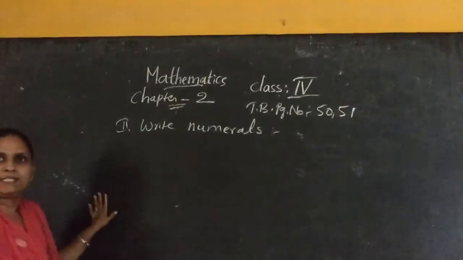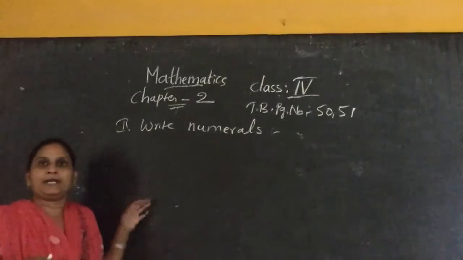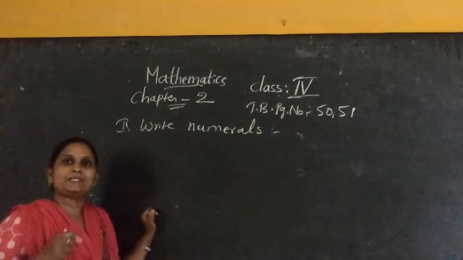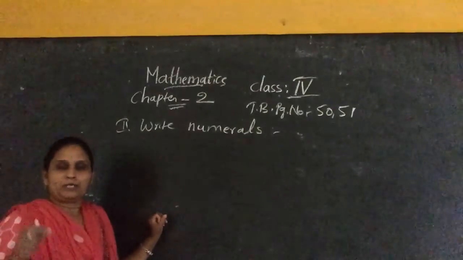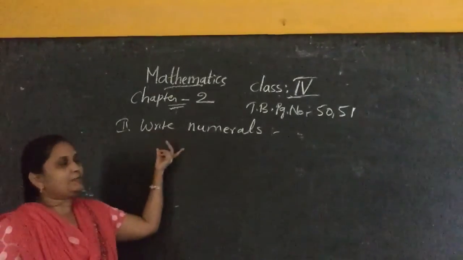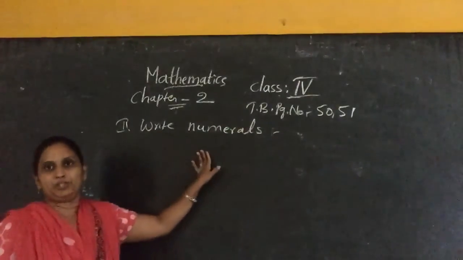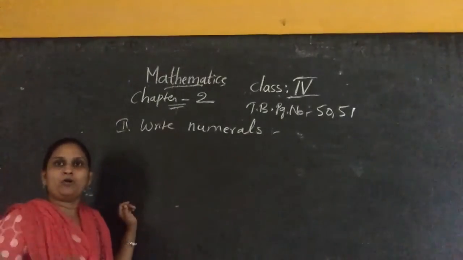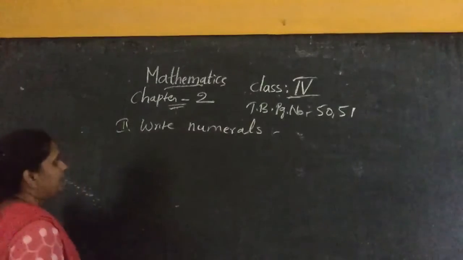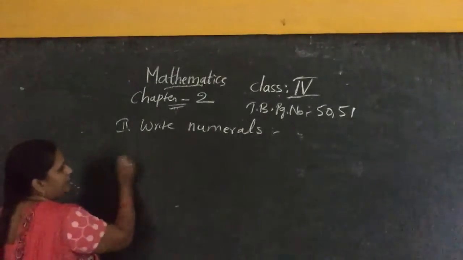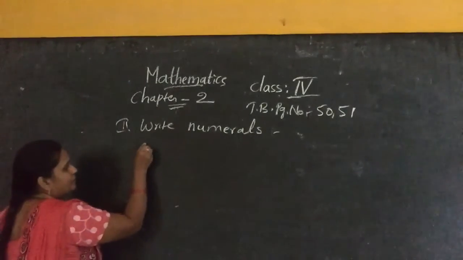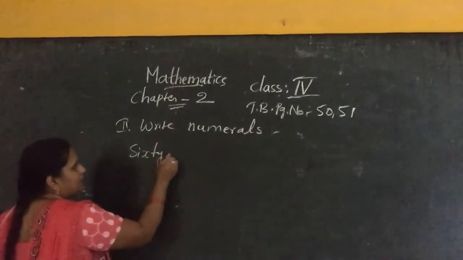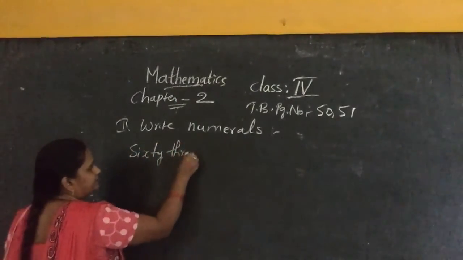Yesterday I gave the examples and explained how to write numbers in words. Today also, first let me explain how to write the numeral, then I'll explain today's homework. Write the numeral. For example, 63 lakhs 41,345.